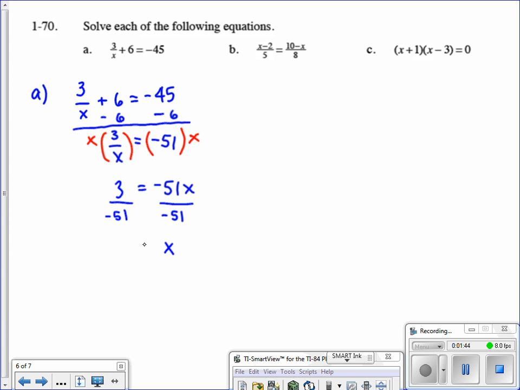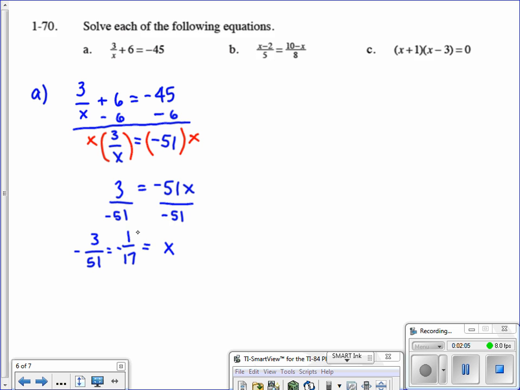X equals 3, or negative 3 over 51. That should also reduce, because 3 goes into 51 17 times, so you could also end up with negative 1/17.